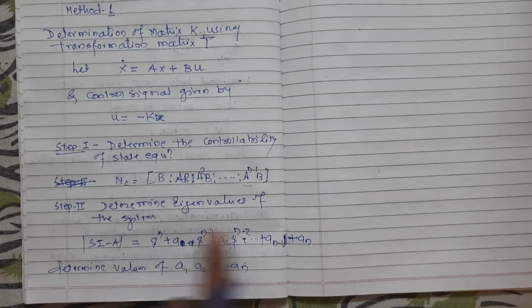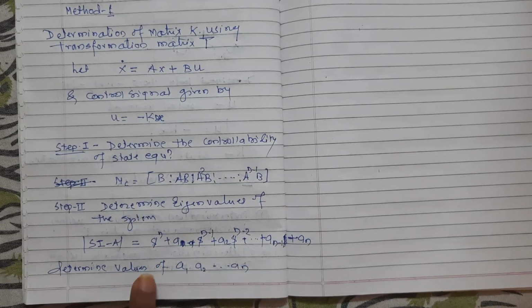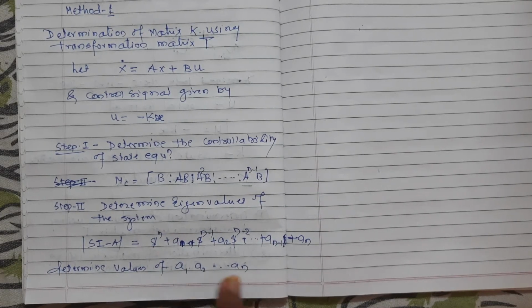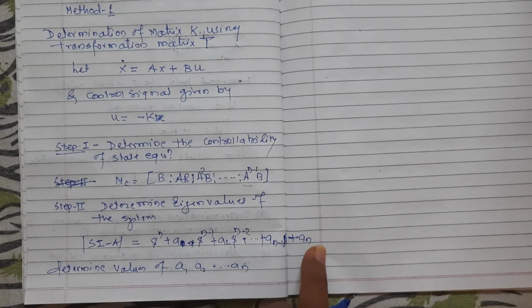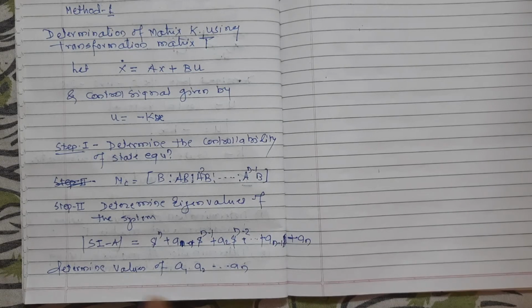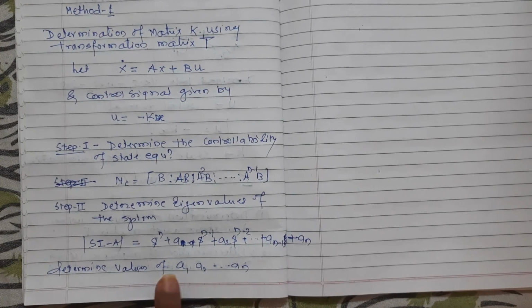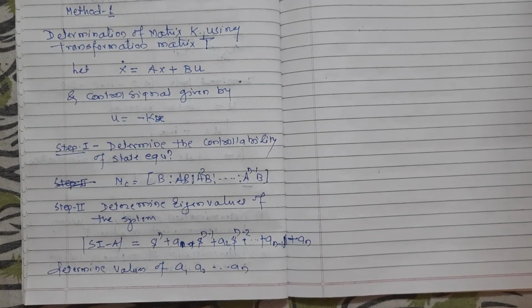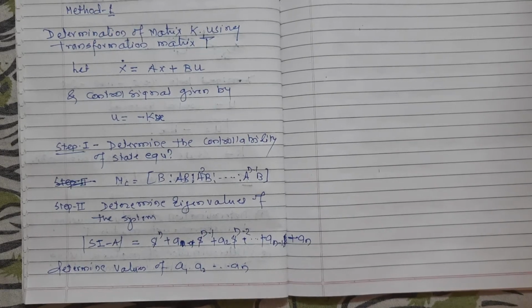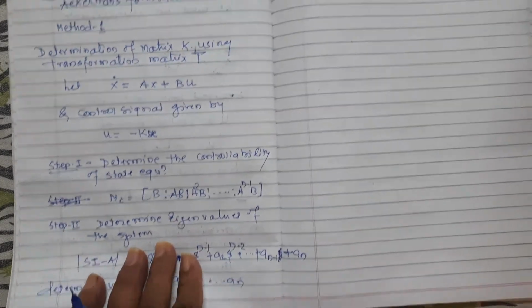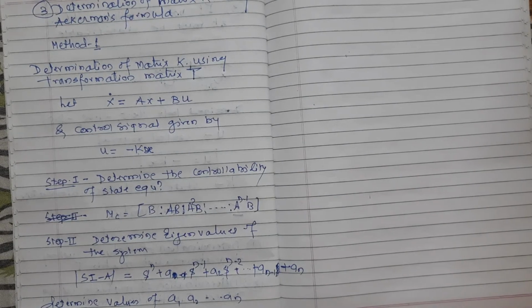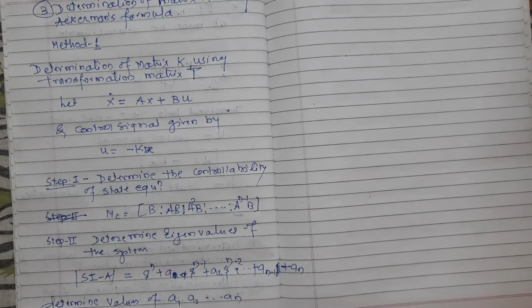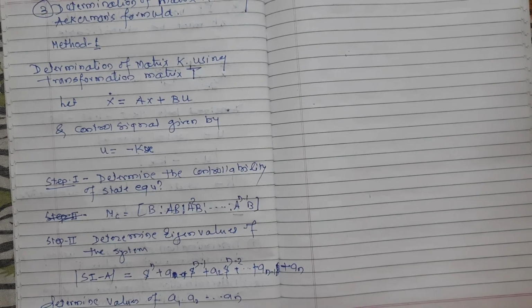From this equation we determine the values of a1, a2 up to an. After finding these, we will find the transformation matrix T.